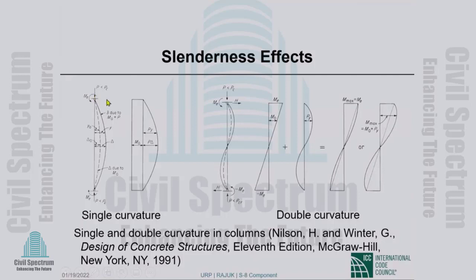So when you have end moments causing single curvature, as in this picture, the end moments themselves give you this deflected shape and this bending moment diagram, and then the P, the axial load, because of the deflection, gives you additional deflections and additional bending moments.